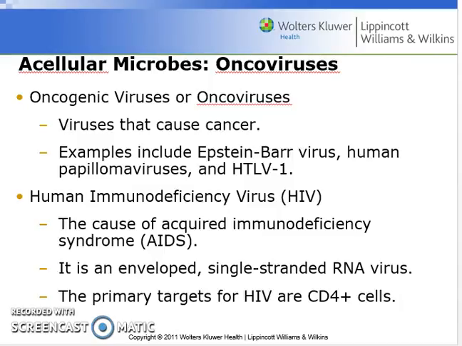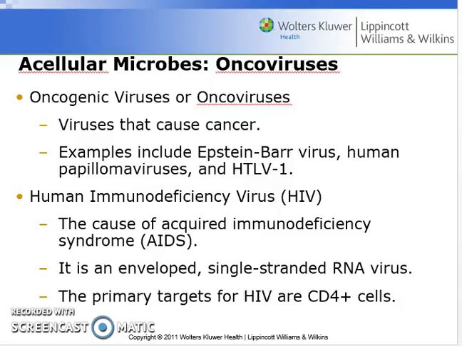Now there are some viruses that, as I said before, are related to inducing cancer in patients. These are called oncoviruses. Another term for them is oncogenic viruses, but oncoviruses is what I'll use throughout this presentation. Oncoviruses cause cancer in patients.